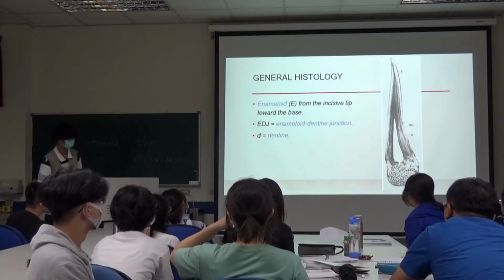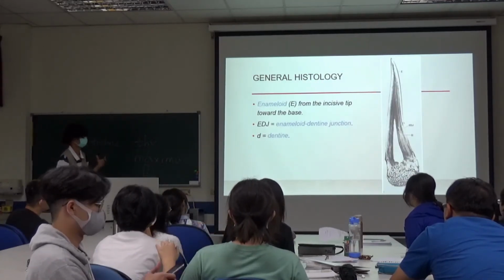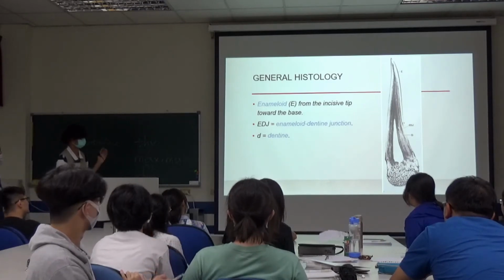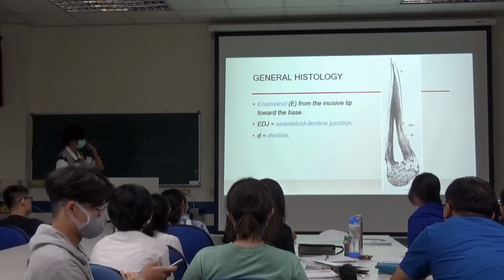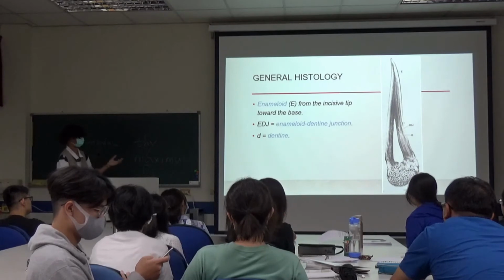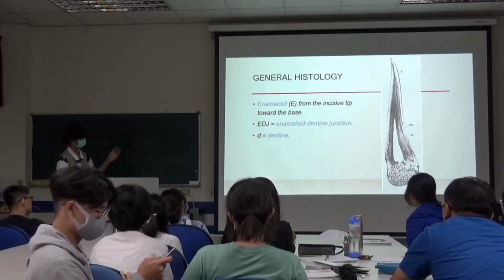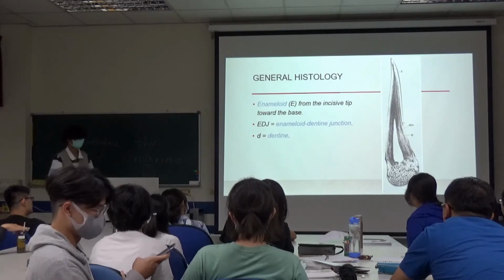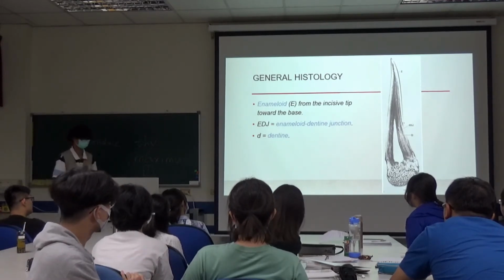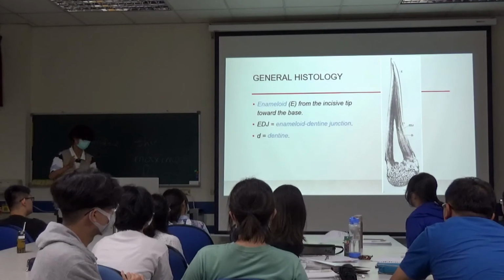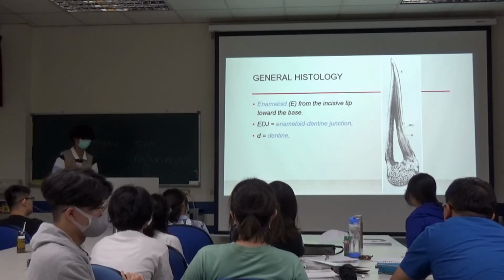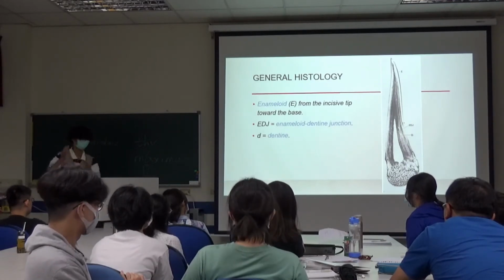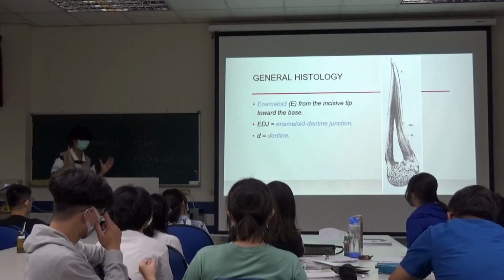The outer part of your teeth is enamel. Enamel is different from enameloid, but you can just say it's enamel. And the inner part of your teeth is dentin, so EDJ is the junction, just the side between these two different materials. The side between enameloid and dentin.